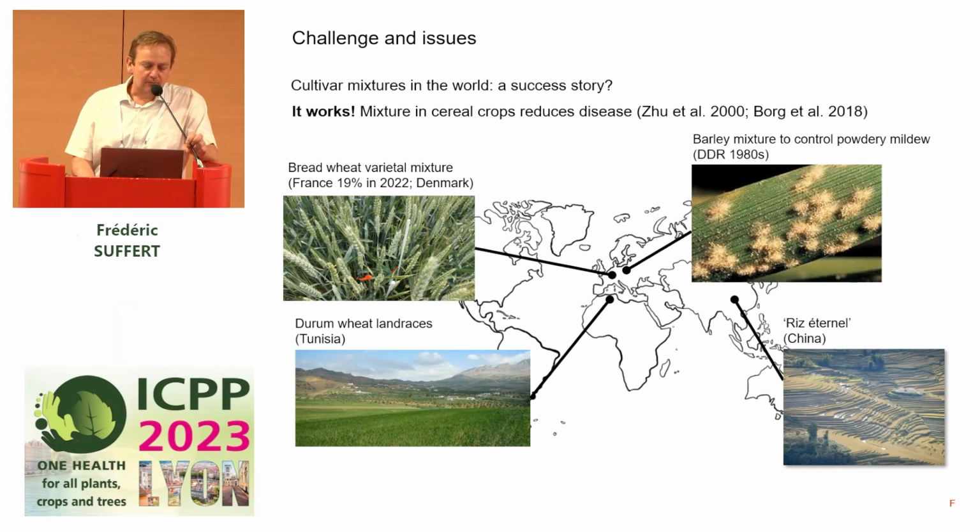For instance, bread wheat varietal mixtures in France and in Denmark, so in a broad sense in Europe. Also durum wheat landraces, with a high level of diversity within the field in Tunisia. And also an old example is barley mixtures during the last century in the former DDR, used to control powdery mildew.